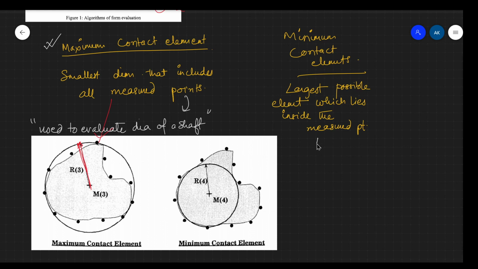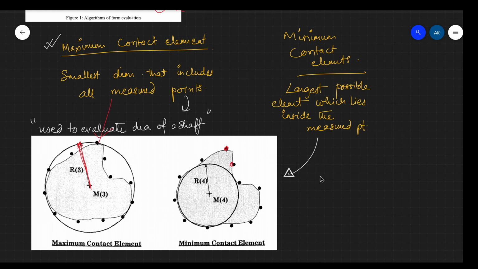And this one, which is the minimum contact elements, takes the largest possible element which lies fully inside this data. Now, this circle which has been made is fully inside these points which were taken by the CMM. And I'm pretty sure you can guess this.